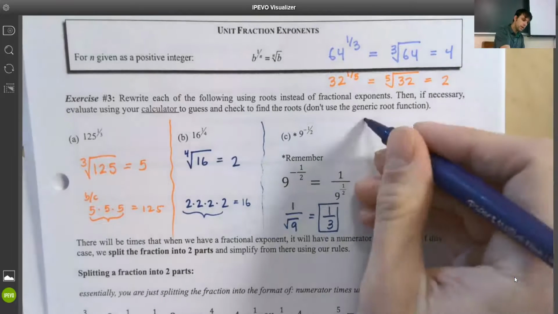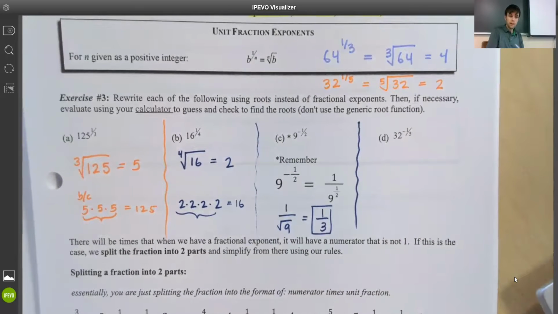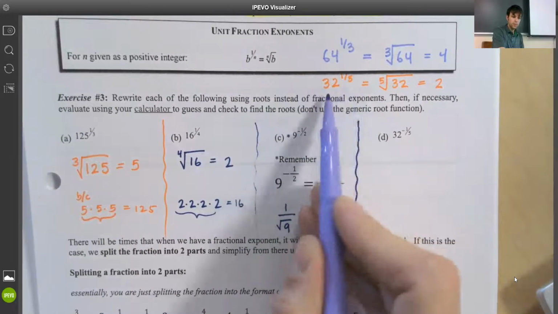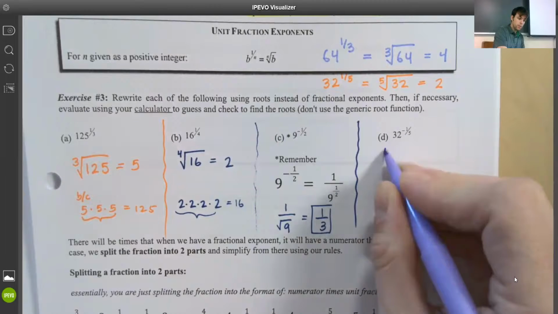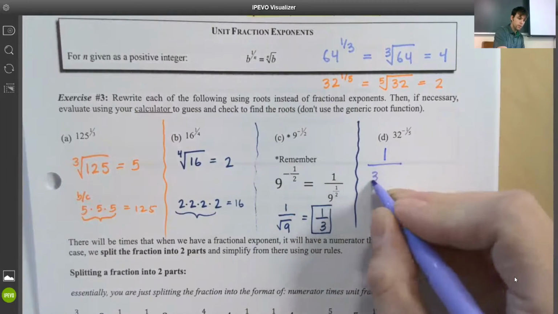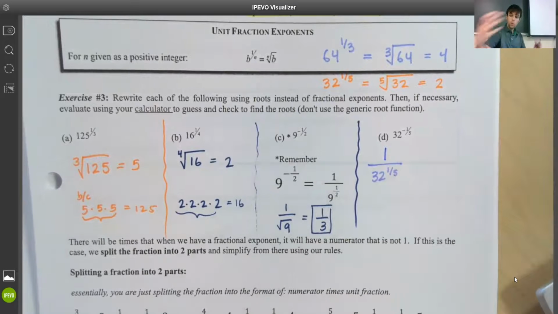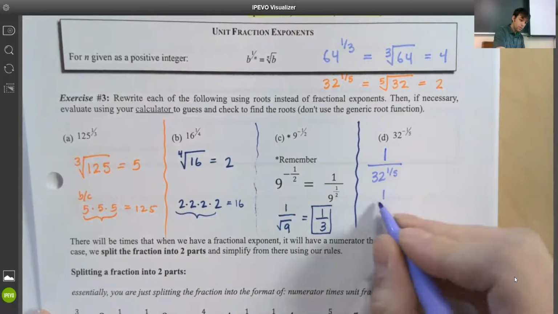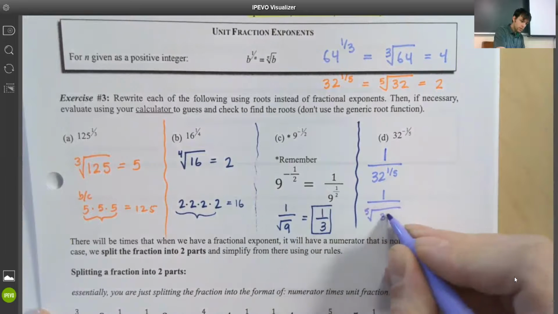And then our last one that we haven't talked about yet, 32 to the negative 1/5 power. Very similar process here. In fact, we've already sort of done this problem, but in a slightly different way. Since it's a negative exponent, we can rewrite this as 1 over 32 to the 1/5 power. A 1/5 power means to take the 5th root of 32.